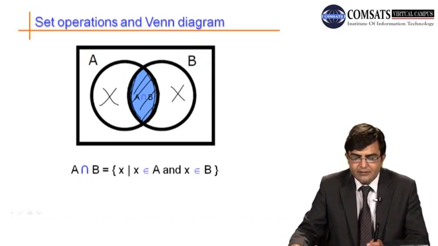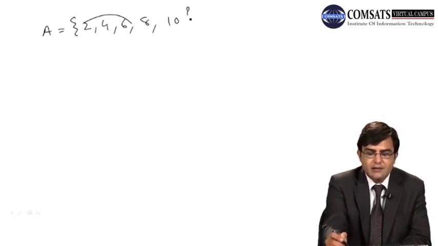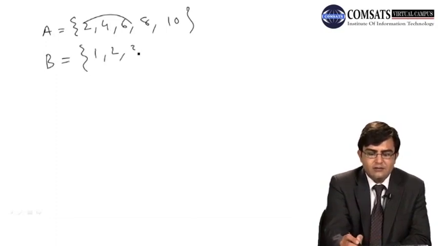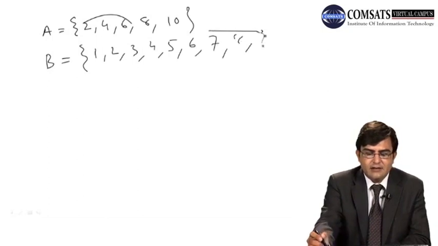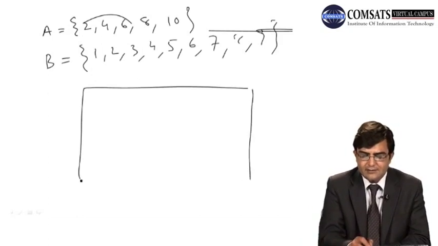For example, if we have two sets, A which is 2 4 6 8 10 and B which is 1 2 3 4 5 6 7 8 9, then what is the Venn diagram of these two sets?